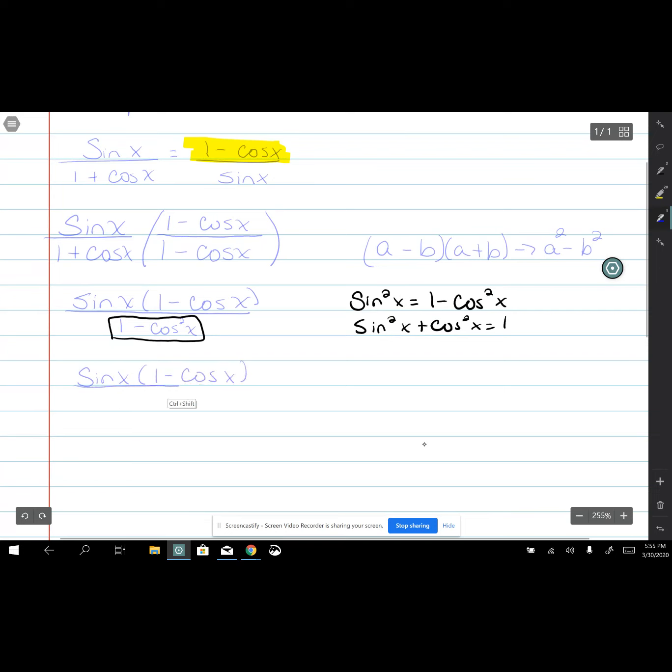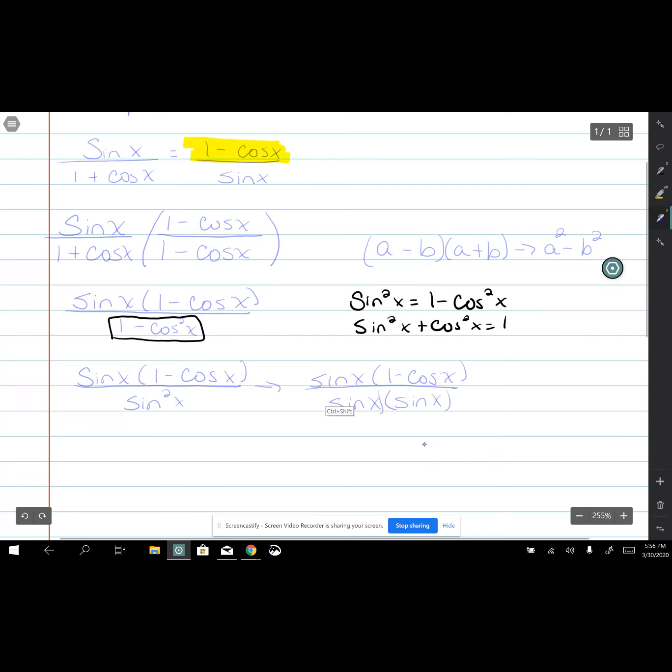But on the bottom, instead of 1 minus cosine squared, I'm going to write sine squared of x. Okay? Now, this is the cool part. So we have sine of x and 1 minus cosine of x on top, and now we have 2 sines of x's on the bottom.